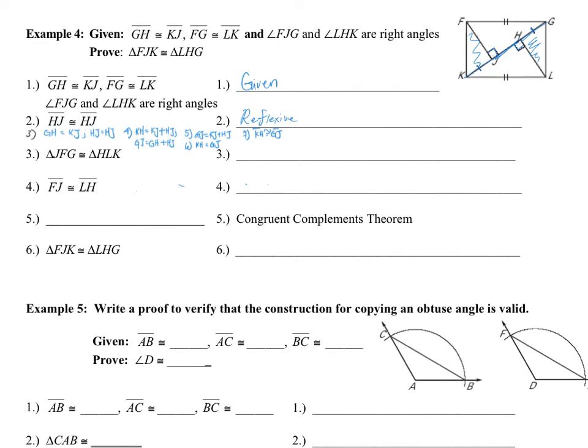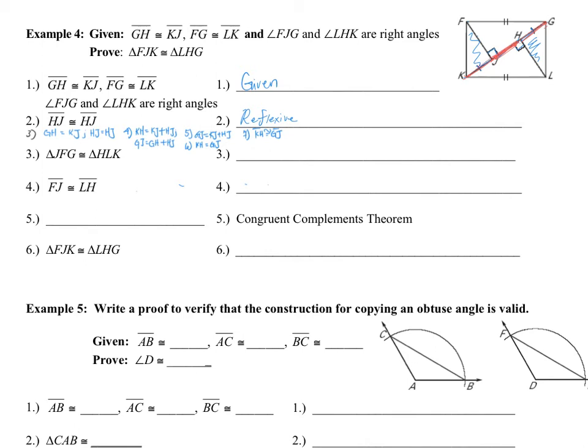And it is pretty much implied that if GH and KJ are congruent to each other and HJ is congruent to HJ, then GJ would definitely be congruent to KH.